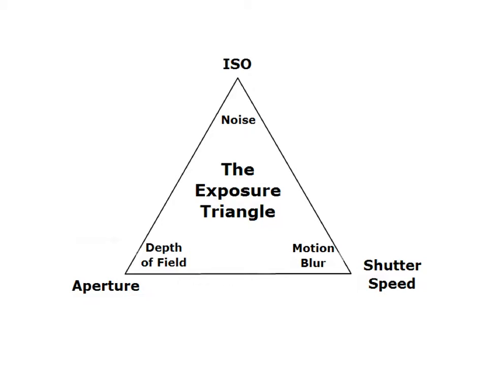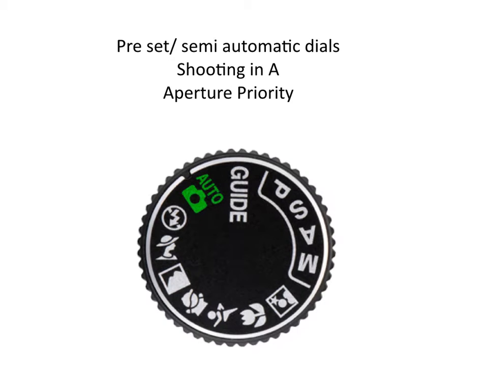We can control light in three ways. We can control it through changing the aperture, through changing the ISO, and through changing the shutter. And by changing each of these things, we are going to have control over different things. Today I want to talk about aperture, or shooting in the A mode.